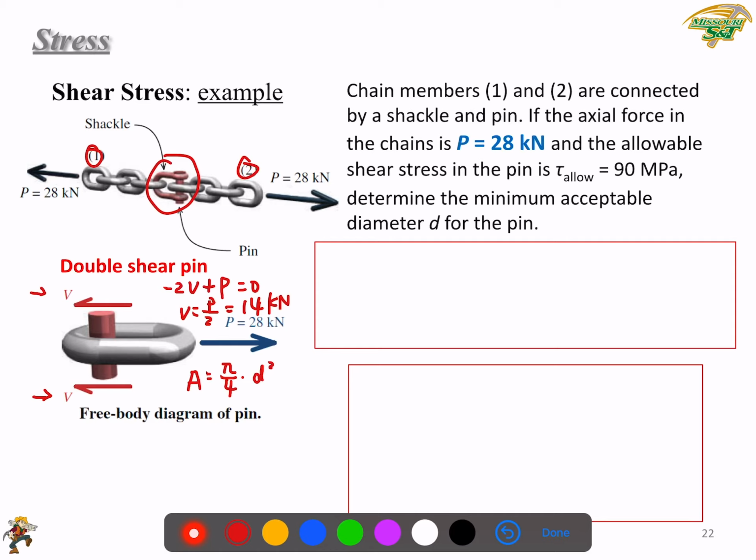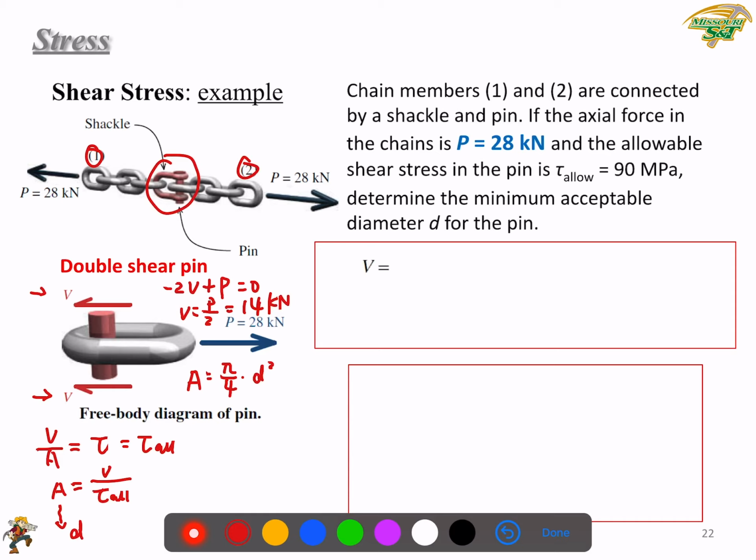But we can also write V over A equals tau, and if tau equals tau allowable, then you can determine the area A from V over the allowable shear stress. Then from the area, you can derive the diameter D. So this is the overall pathway to solve this problem.